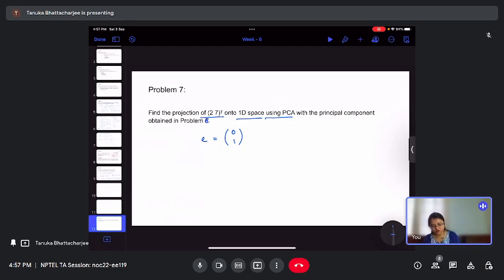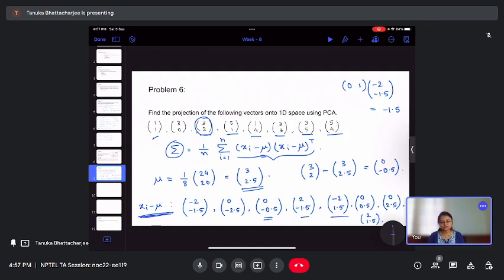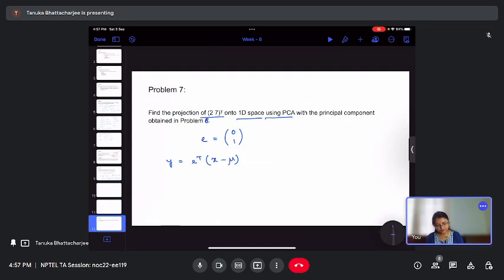As you saw, the formula for projection will be E transpose (x minus mu). E is basically 0, 1, x is your (2, 7), and mu you have already computed in the previous problem as (3, 2.5).